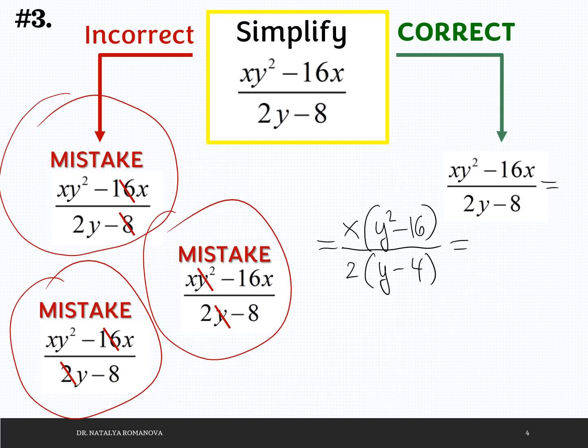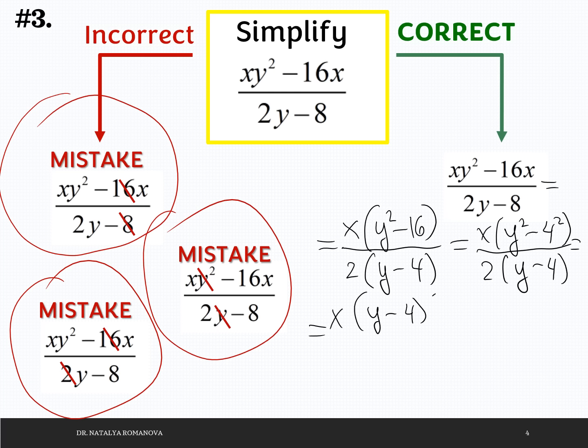Now y squared minus 16: we can write x times (y squared minus, what is 16? It is 4 squared) over 2y minus 4. Now we have the difference of squares formula, so we can write x times (y minus 4) times (y plus 4).